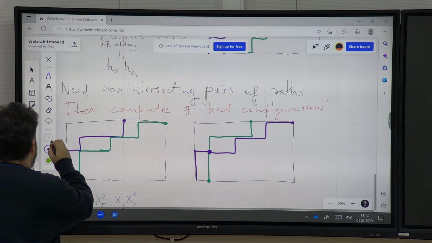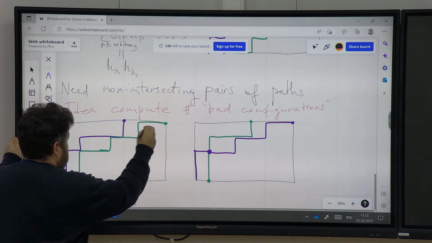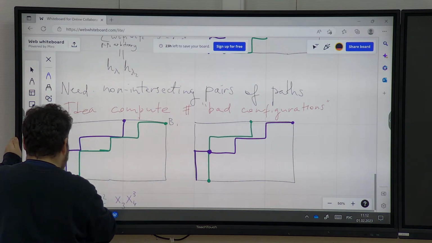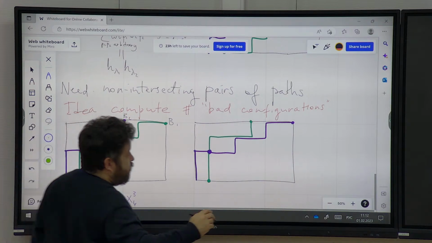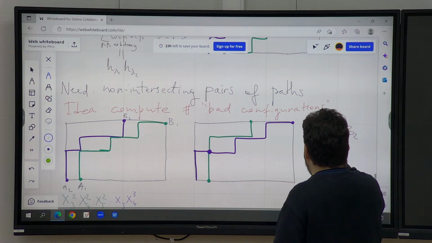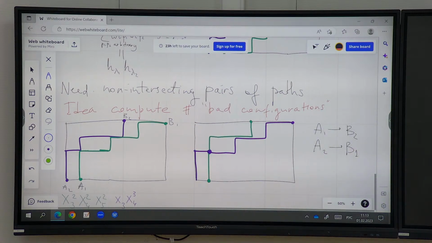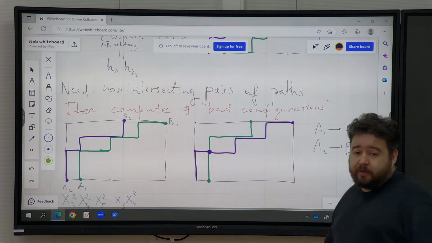If I denote these dot points by A1, B1, A2, and B2, this will be a configuration joining A1 with B2 and A2 with B1. My question is whether you can compute the number of such configurations in terms of lambdas, in terms of H lambda 1, H lambda 2, or something similar.